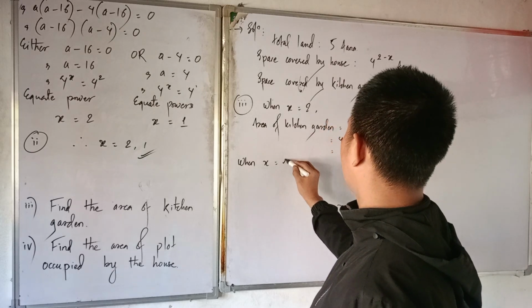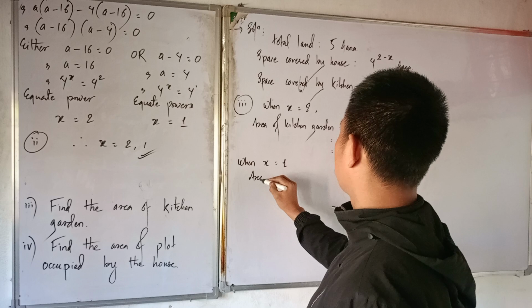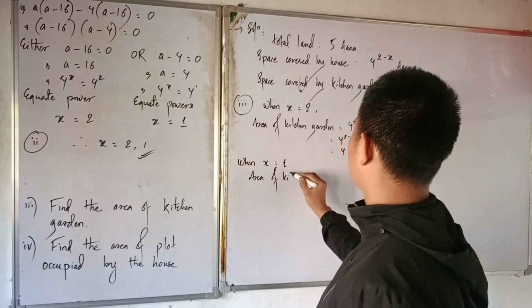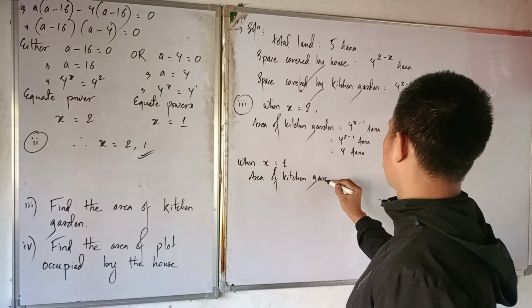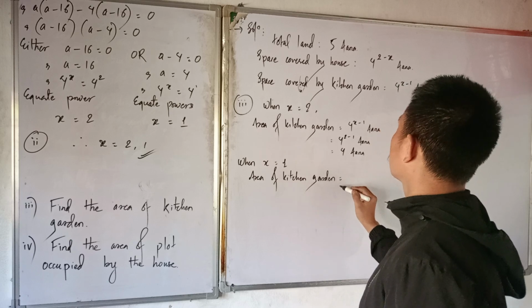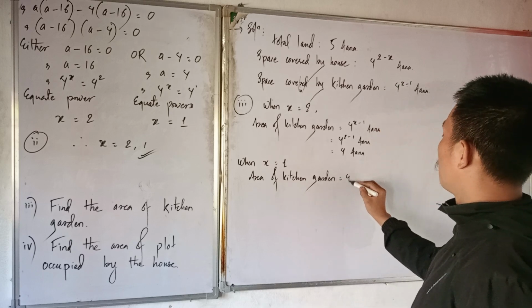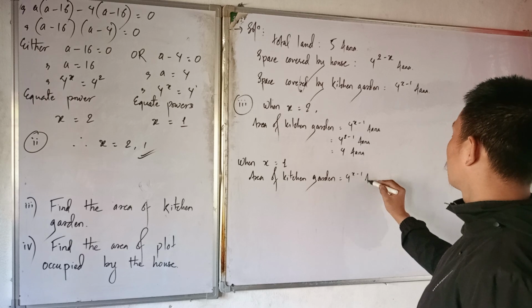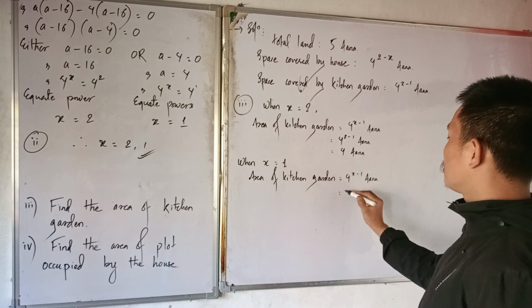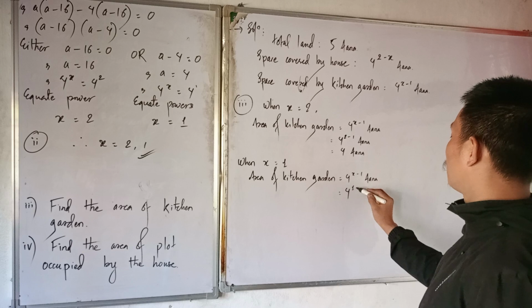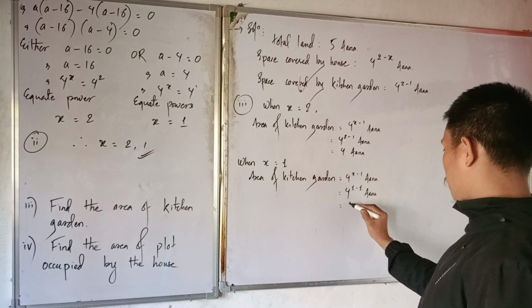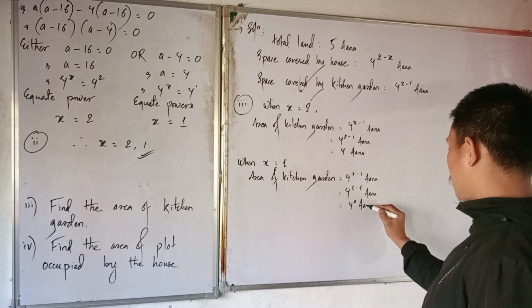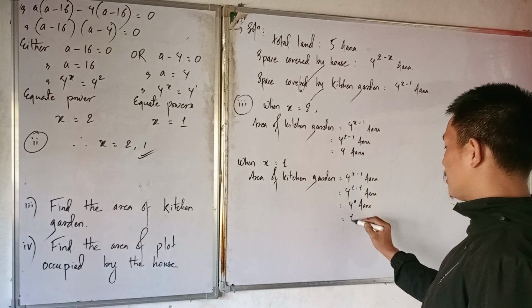Now similarly, when x equals 1, the area of the kitchen garden will be 4 power x minus 1. Now substitute the value of x by 1. 1 minus 1, that will be 0. So 4 power 0, 4 power 0 means that is 1.